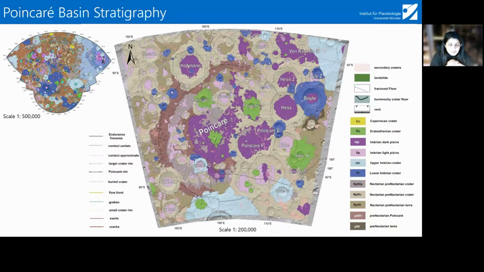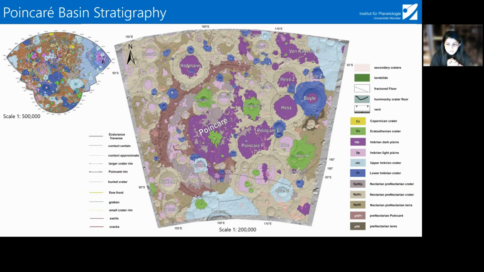So this is the geological map of the Poincaré basin region. The map I showed you before was mapped at a scale of 1 to 500,000, and here you can see that this map is at 1 to 200,000 scale. So we have another stratigraphic marker added, the Poincaré rim material itself.